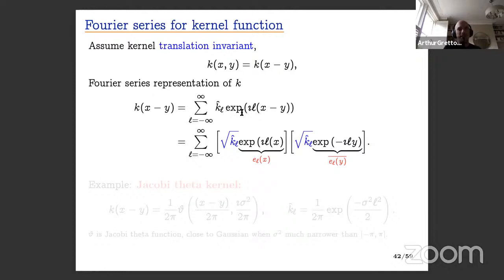Now I'm going to split this exponential into the product of exponentials, e to the i L x and e to the minus i L y. What does this look like? Well, this thing here looks like a feature of x, and this thing here looks like a feature of y. We've just expressed our kernel as the dot product of features of x and features of y. So using Fourier series, we have now defined our kernel.